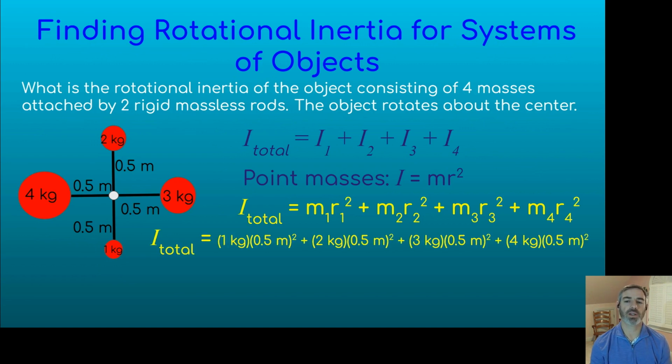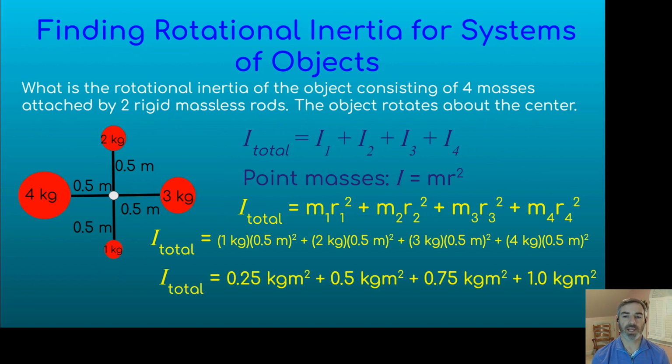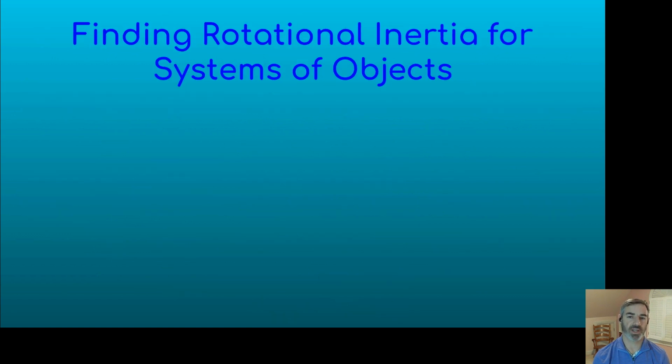All the radii are the same, so we calculate the individual rotational inertias and add them together. The total rotational inertia for this object rotating about the center point is 2.5 kg·m². If it rotates about a different point, it would have a different rotational inertia. This is just for rotating about the center.